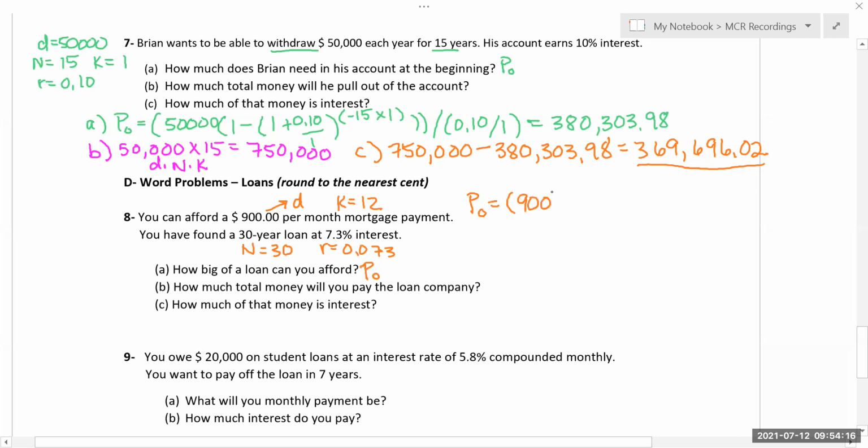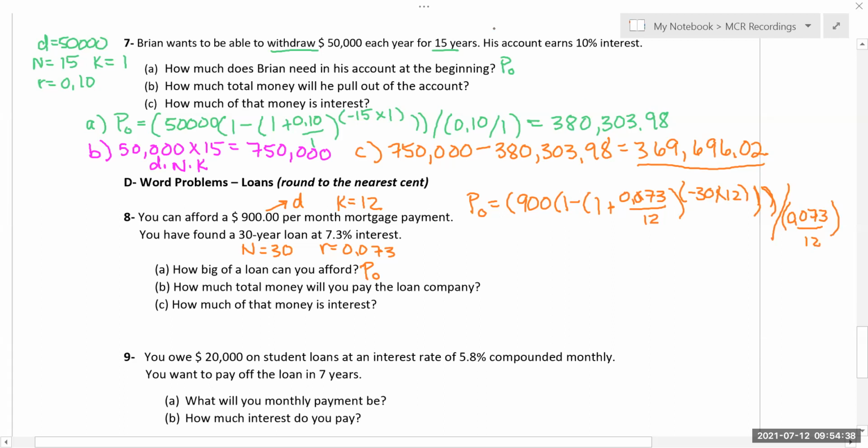So it's going to be 900, 1 minus 1 plus 0.073 divided by 12 to the negative 30 times 12, sorry. Those are my parentheses for that piece, and then 0.073 divided by 12.